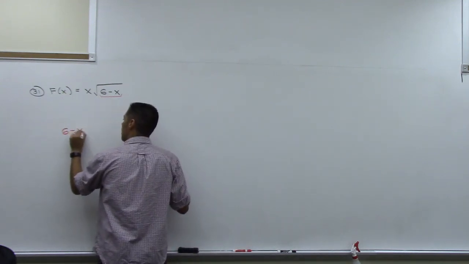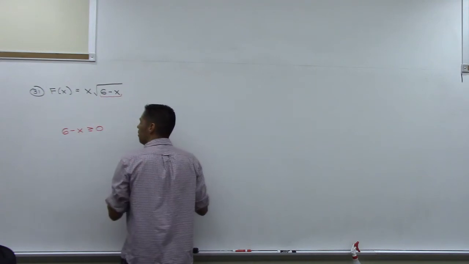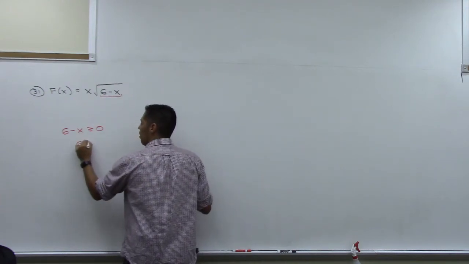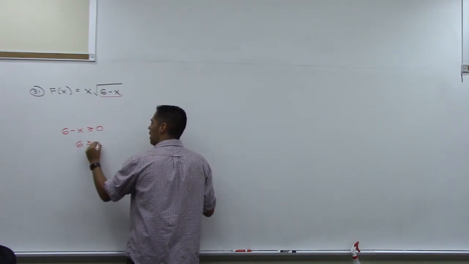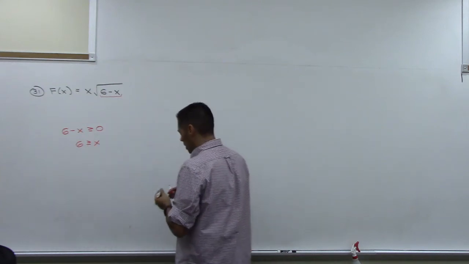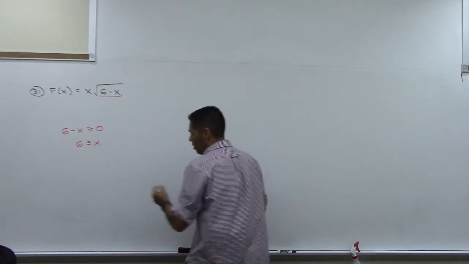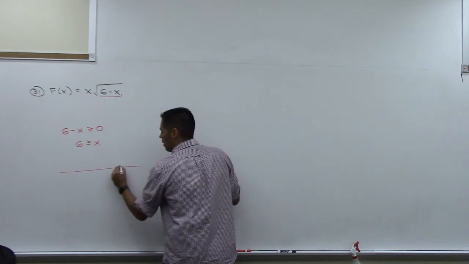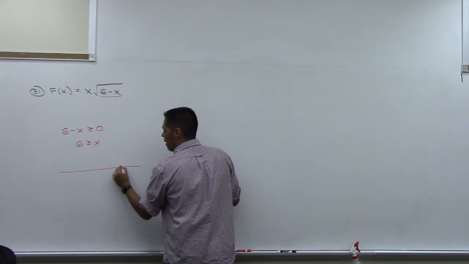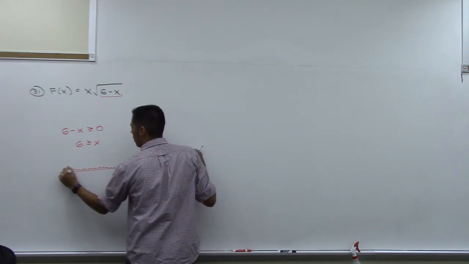So 6 minus x must be greater than or equal to 0, which means that if you solve this linear inequality, just move the x over, that means x must be less than or equal to 6, which on a number line would look like this. Here's 6, right? Anything to the left of that is good.